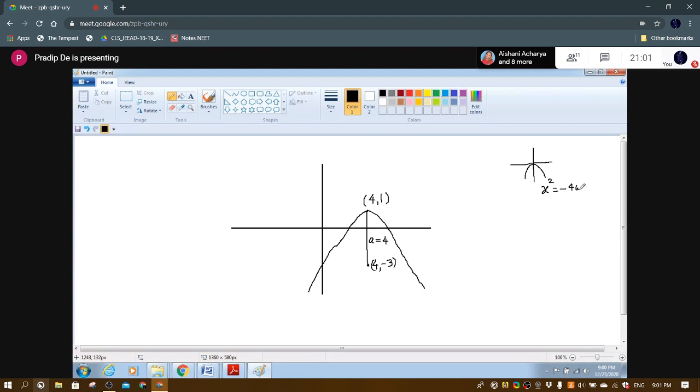So looking at this equation, can you tell me what will be the equation of this parabola? So what did I teach you? That replace x with x minus h. Yes, sir. So x minus 4 whole square. In place of x square, you have x minus 4 whole square is equal to minus 4 into a.